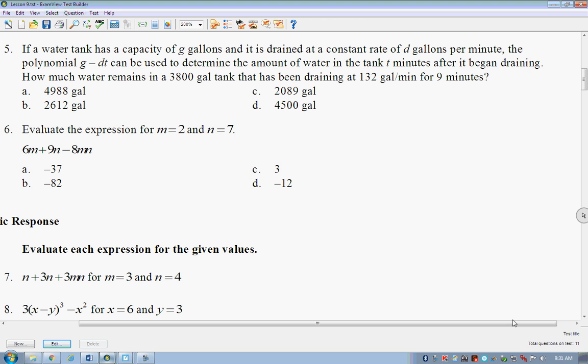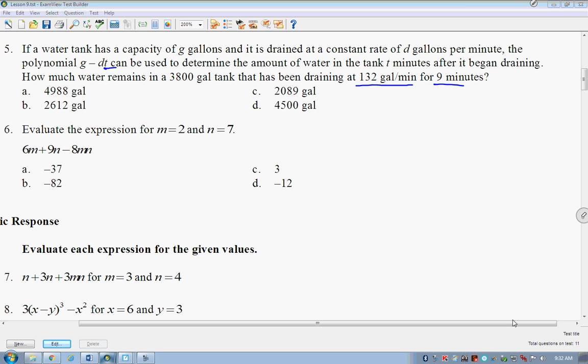All right, so we have gallons minus our D, which is our constant rate, times our time. So where do I plug things in? Let's go ahead and determine what numbers we have. We have 9 minutes. What is minutes? Time. So I bet that's going to go right there, for time. Okay, we have 132 gallons per minute.